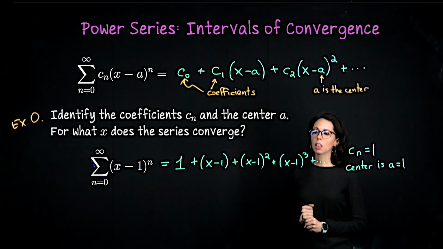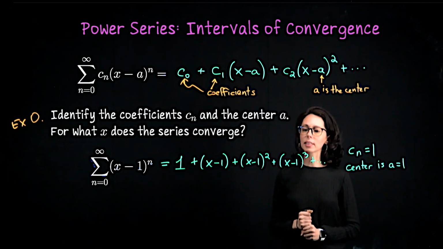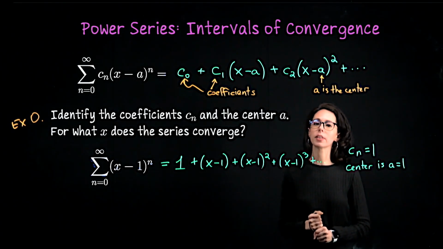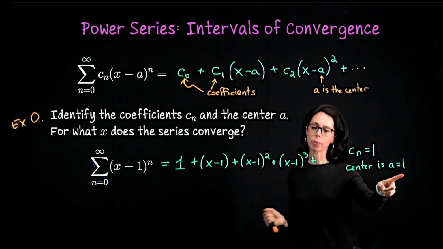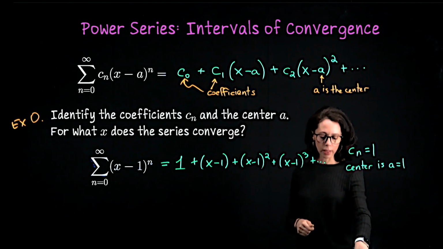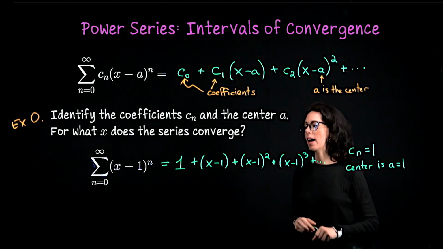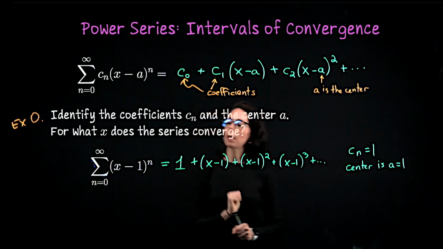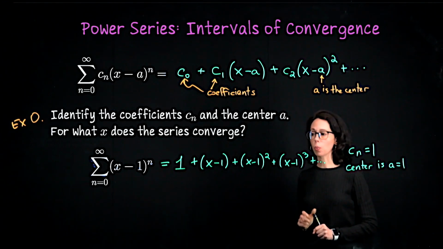This is a lot like the example that we looked at in the previous video, except that I've shifted the power series over to have a center of 1, whereas the example that we worked through last time had a center of 0. So let's pick up with the approach we had then, where we said that this looks like a geometric series where the base is the quantity x minus 1.